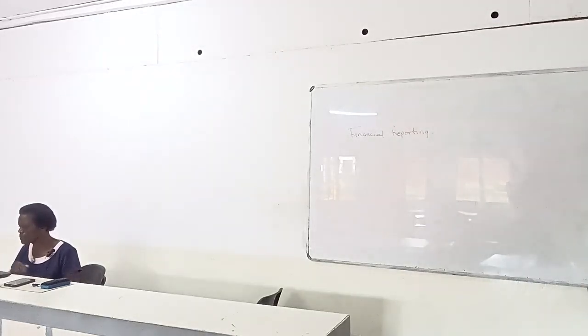Let me go back to my presentation of financial statements in the course outline. We have one, organization of information in financial statements. The second one, articulation of financial statements. The third one is information flow among financial statements.